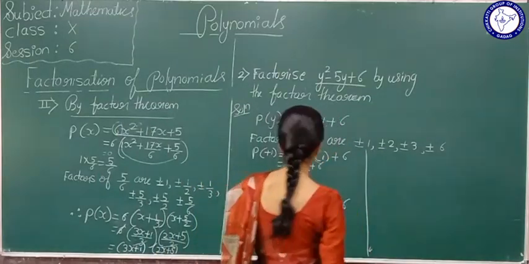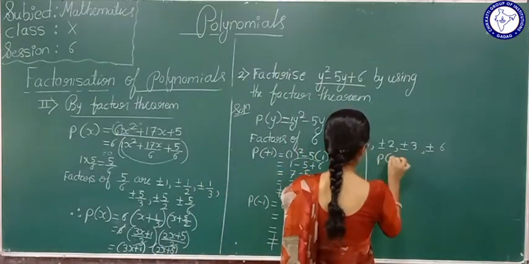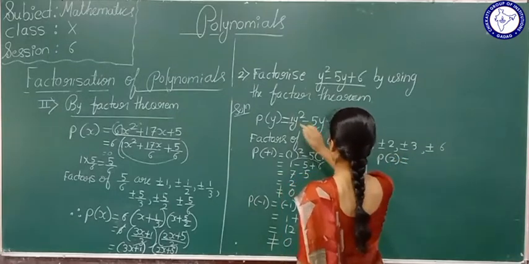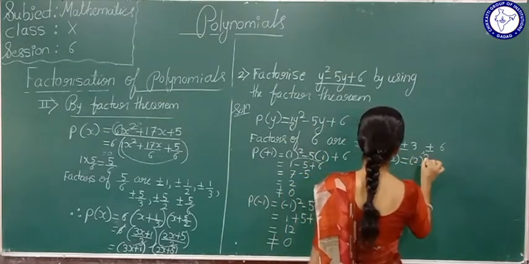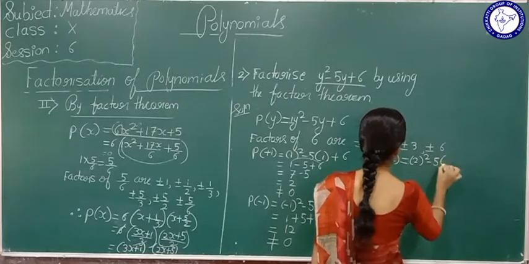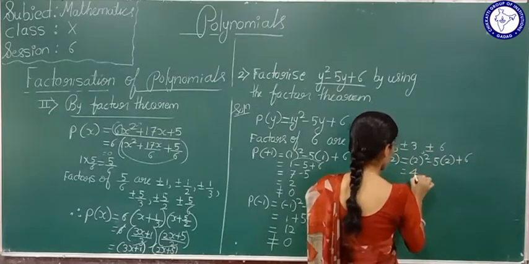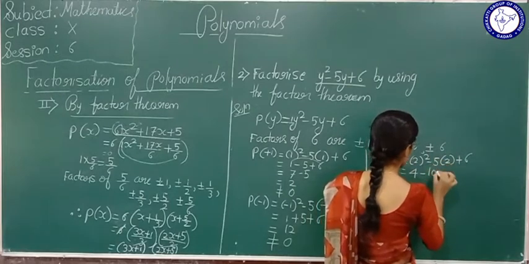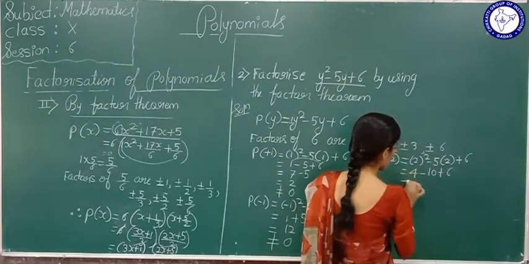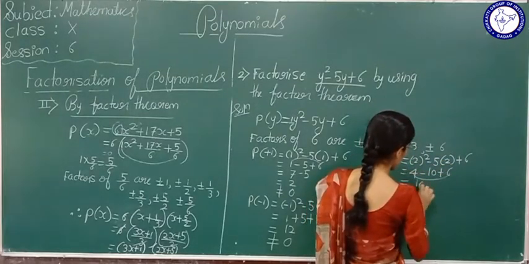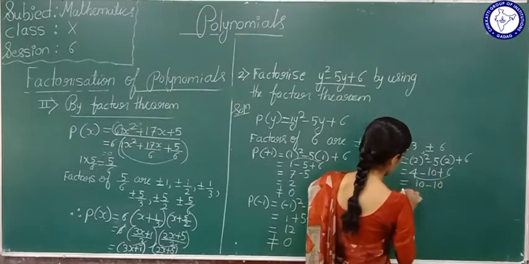Next we will go for P of 2. Put here 2 square minus 5 of 2 plus 6. 2 2s are 4, minus 5 2s are 10, plus 6. 6 plus 4 is 10. 10 minus 10 is 0.